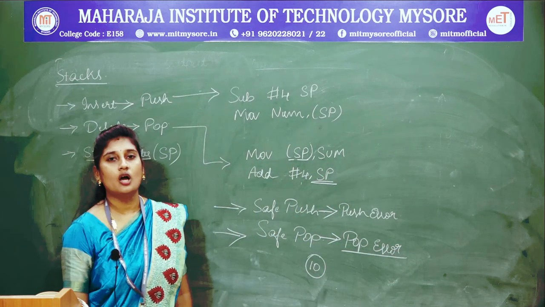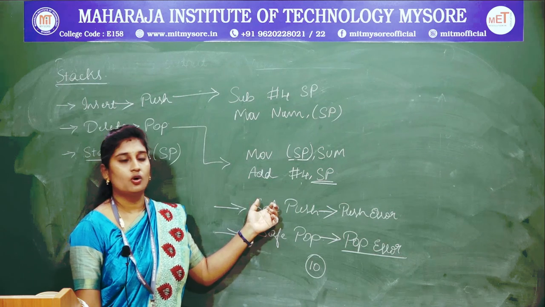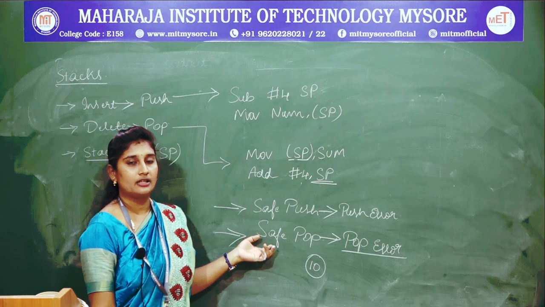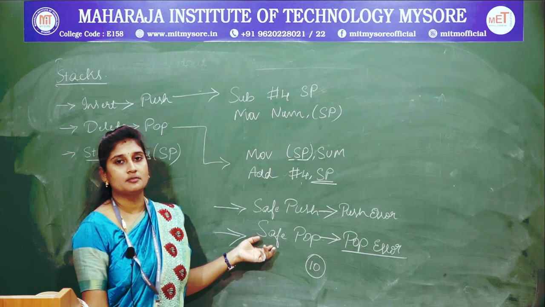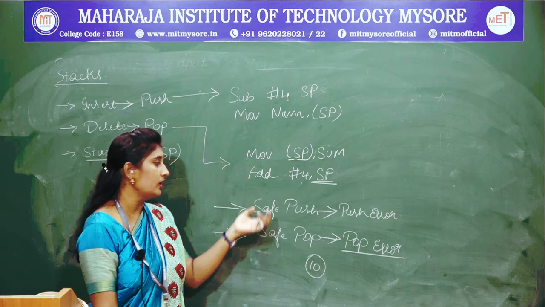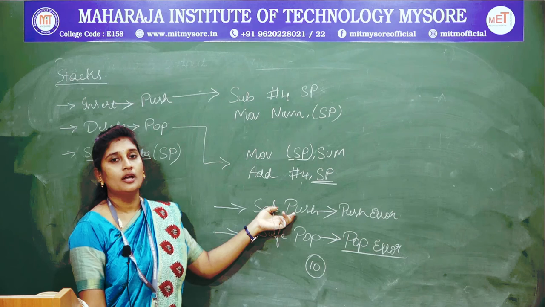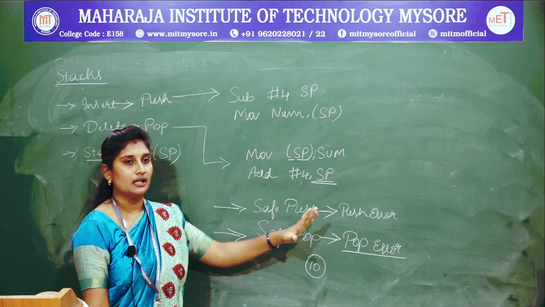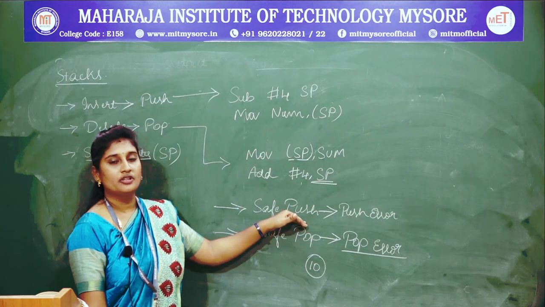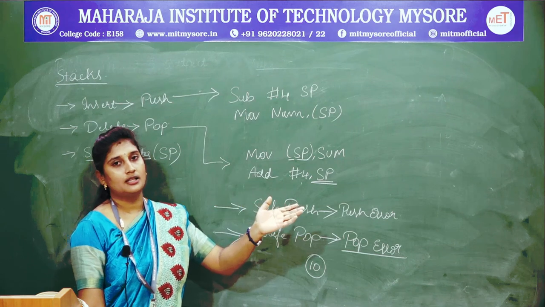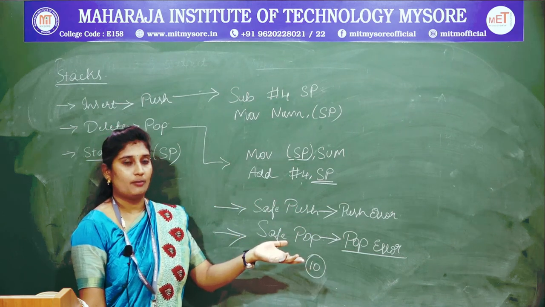So I need to look at the storage capacity of my stack, that is how many memory locations are allocated to my stack memory, and carry out operations based on that. Safe push means I do not insert more elements than my stack capacity.